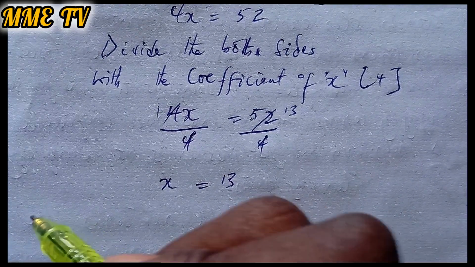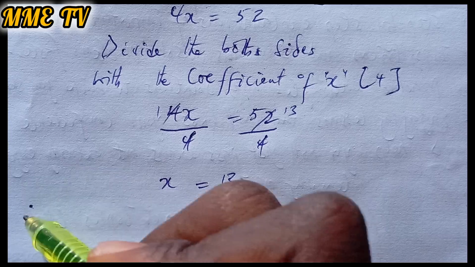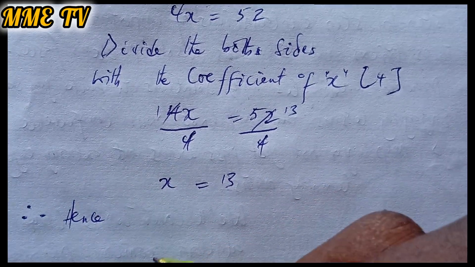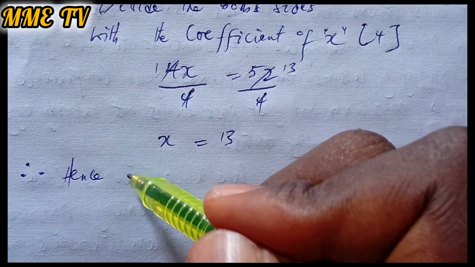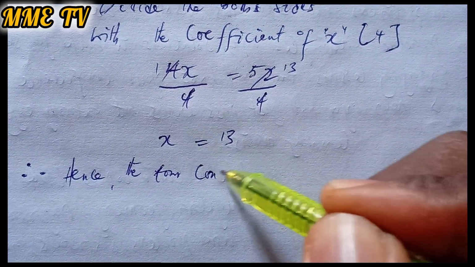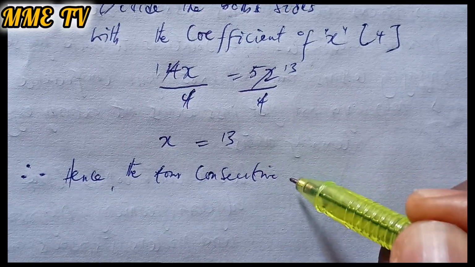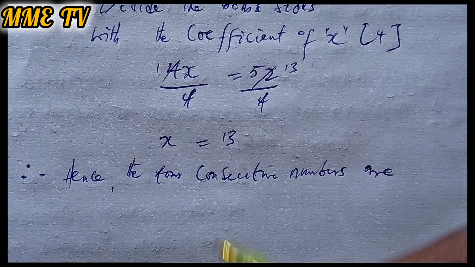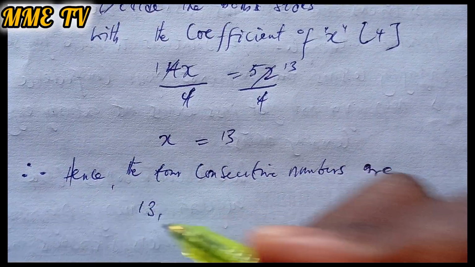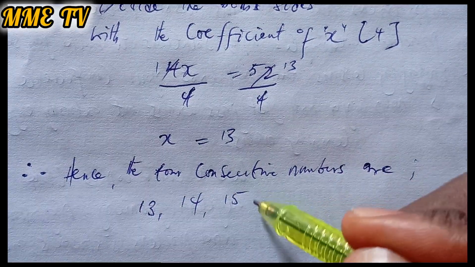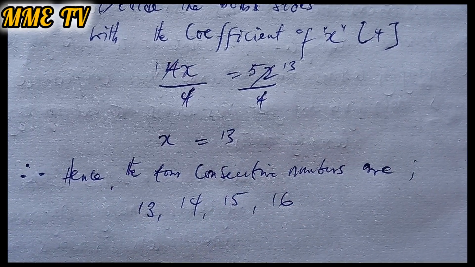Then what are these 4 consecutive numbers? Hence, the 4 consecutive numbers are 13, 14, 15, and 16.